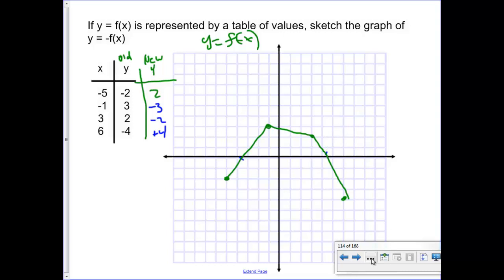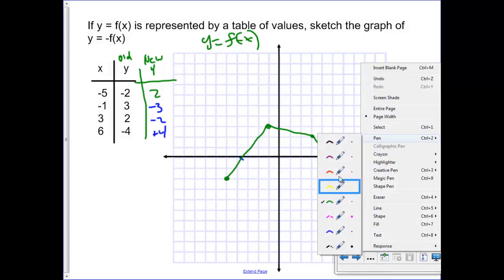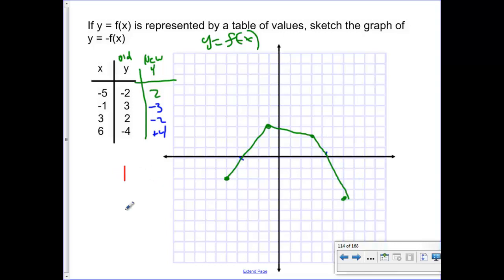So what would have happened if we did it the other way is your y values will now stay the same, but your x value, you used to be plugging in -5. Before you start, I now tell you actually plug in 5. And you used to be plugging in -1. Before you start, now you plug in +1.